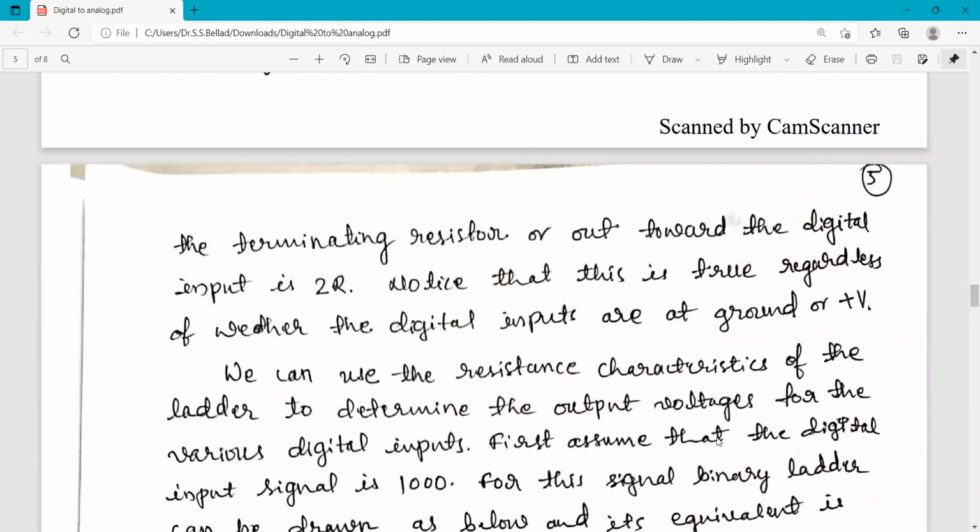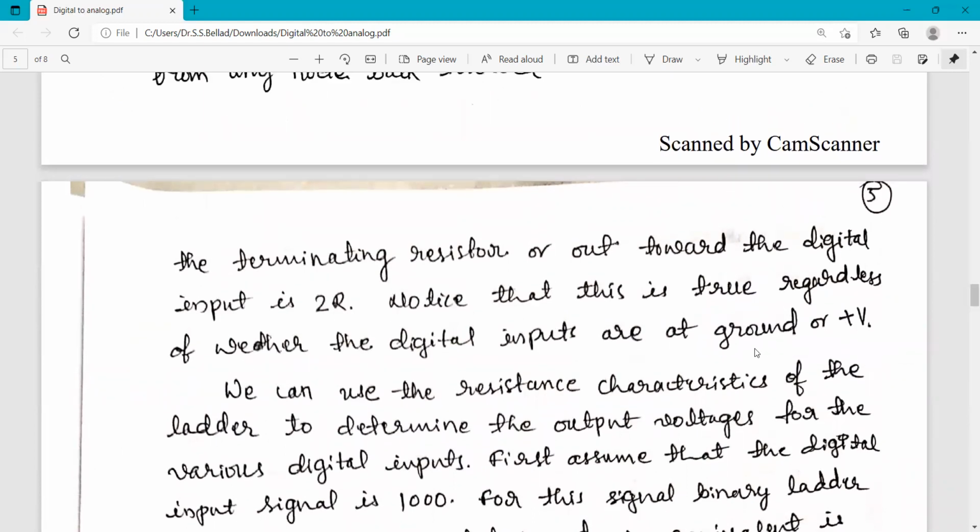And notice that this is true regardless of whether the digital inputs are at ground or at plus V volt. Just now we have analyzed the circuit for the digital inputs at ground. In the same way, we can show that this is true when the digital inputs are connected to the voltage source.